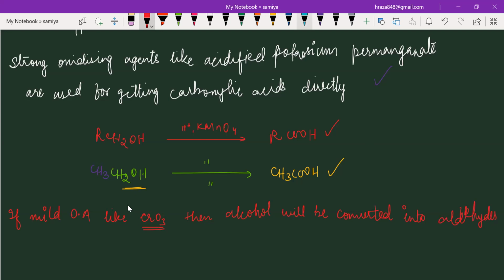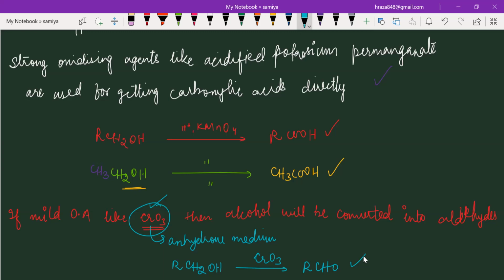This should be used in an anhydrous medium, dry anhydrous medium. So if you have RCH2OH and you are using CrO3, it will be converted into only aldehyde. And if you are again going to use this CrO3, then it will be converted into carboxylic acid. Please do write it.